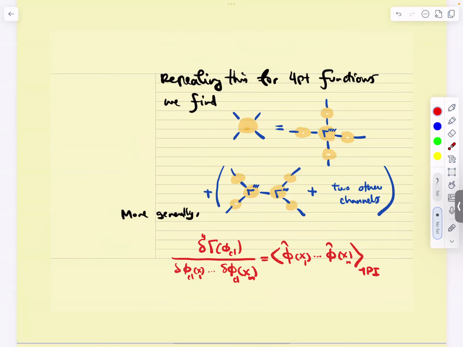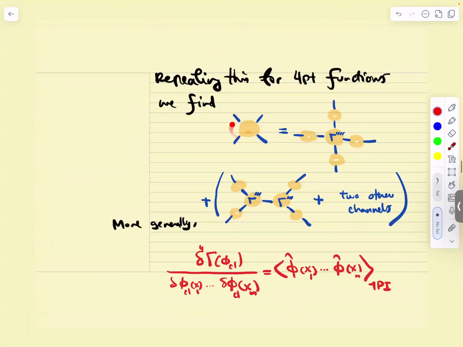Now, repeating this for the 4-point function, I'm just going to structurally tell you how it works. What happens is that there are these diagrams. The 4-point function could be written this way, plus this way, plus the two other channels, diagrammatically.